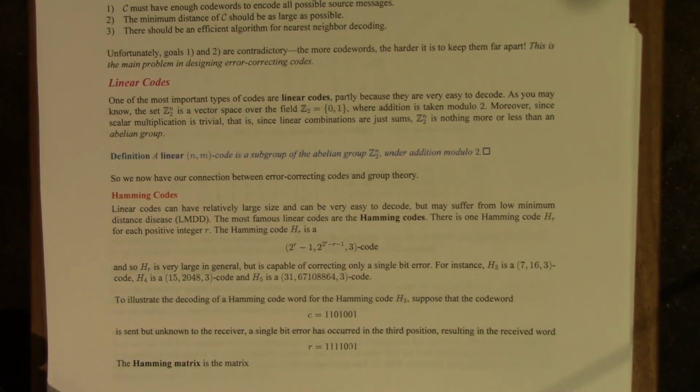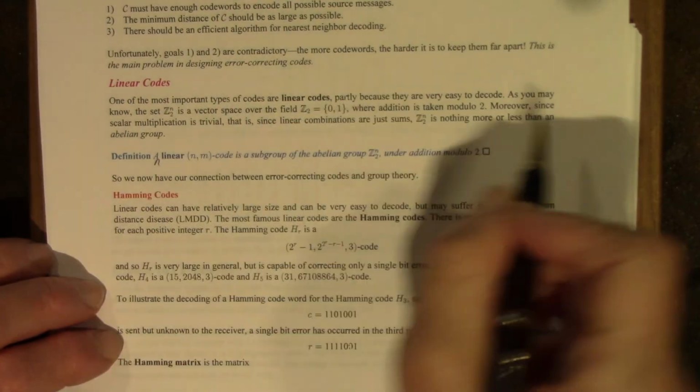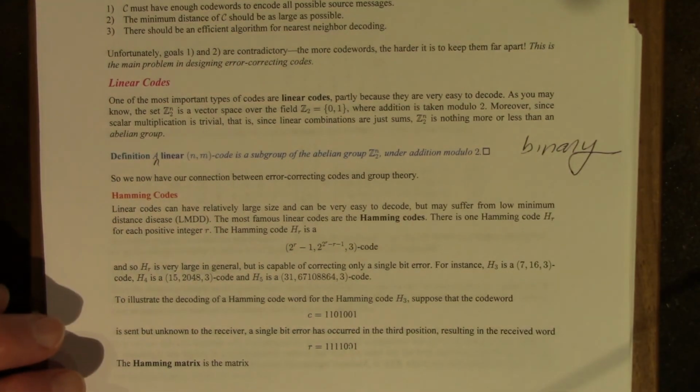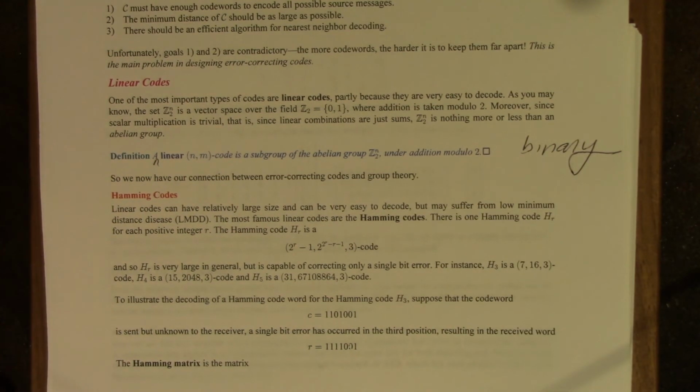So there's our connection between group theory and coding theory. Binary linear codes, I should have said, a binary linear code is by definition a subgroup of this abelian group Z2^n.